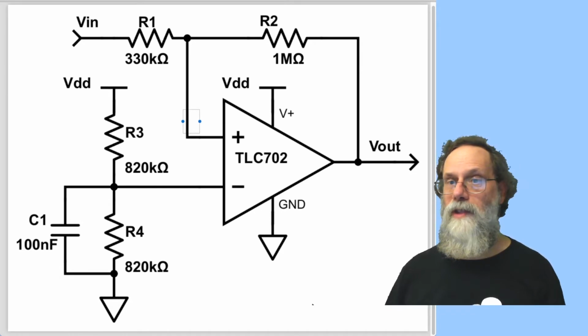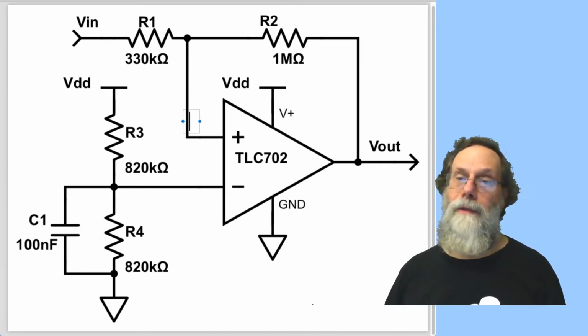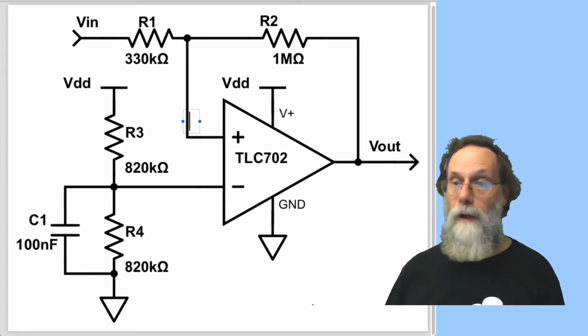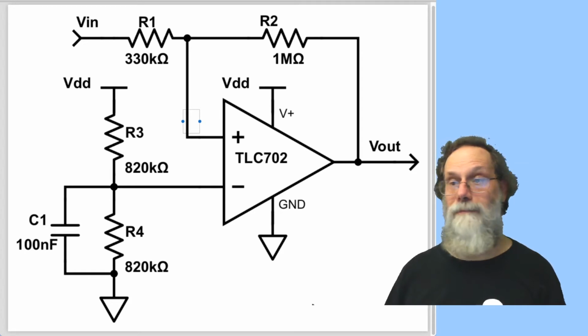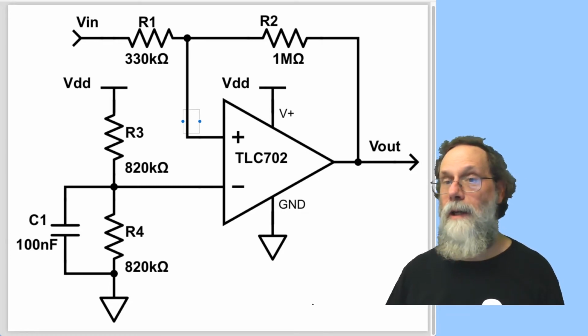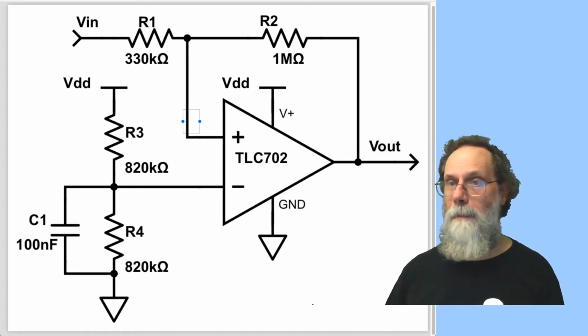If this input is less than VDD over 2, then our output is going to be 0. So we've got basically the comparator here. What we need to do is figure out what values of Vin up here make the voltage on the positive input become VDD over 2.